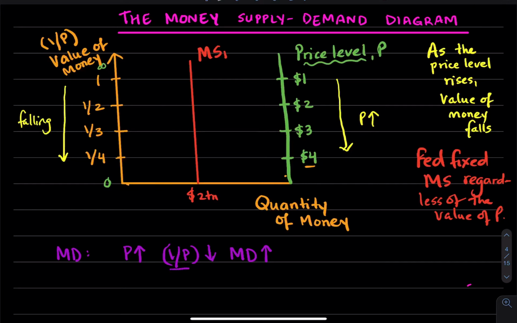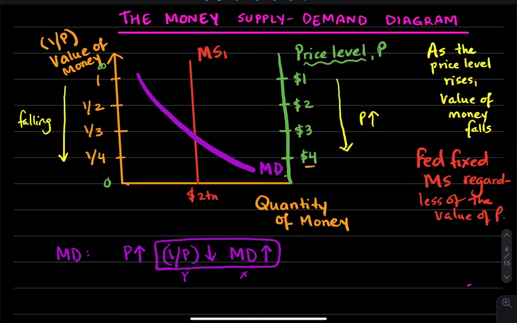So notice this inverse relationship between value of money, which is 1 over P, and money demand. Now, if these two are inversely related, this is on the y-axis, this is on the x-axis, then you're going to have a downward sloping money demand curve. Okay, this is a curve that's downward sloping, and that's money demand. This is because y and x are inversely related.